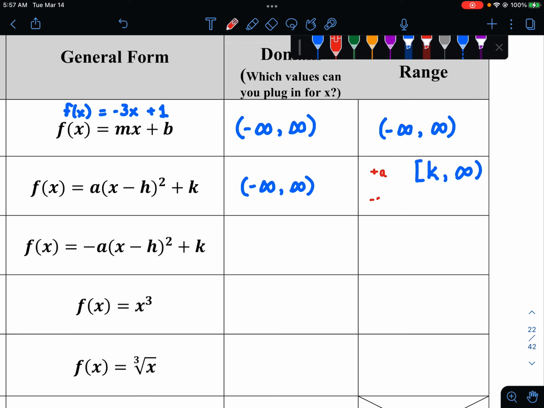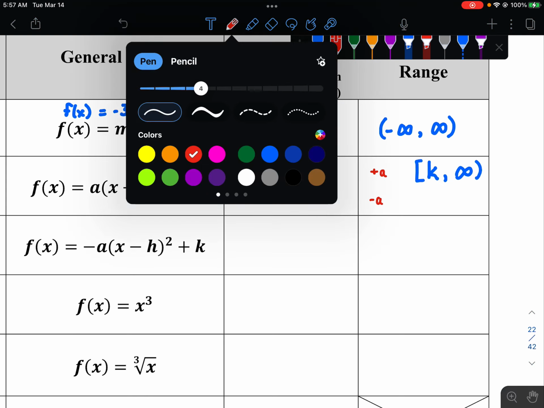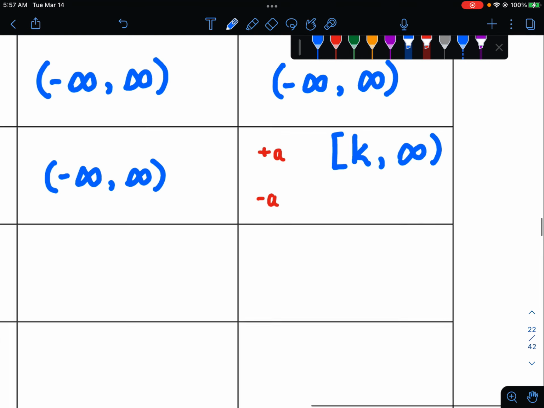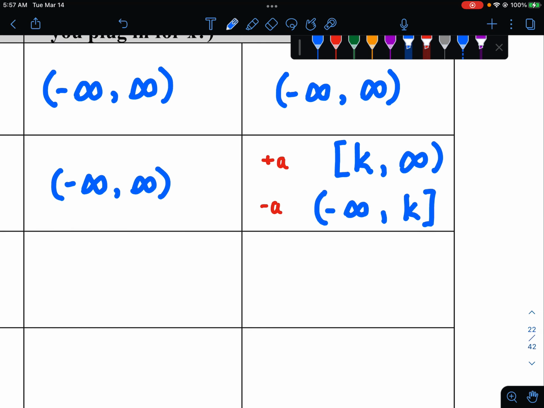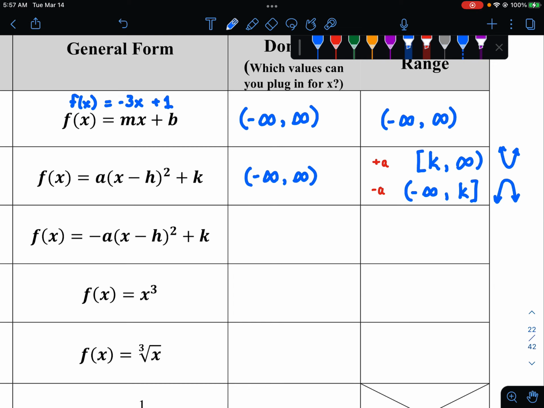If it's negative, that's going to flip my graph over. So my graph is going to go negative infinity to the k value. We're going to keep it pretty simple with these. Again, your parabola is either going to open up or down, so it all depends on what my graph would look like.